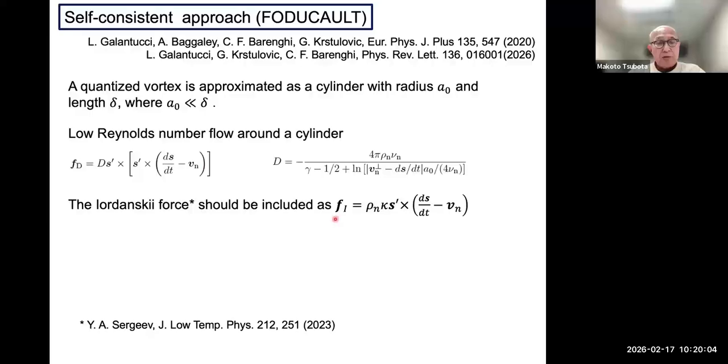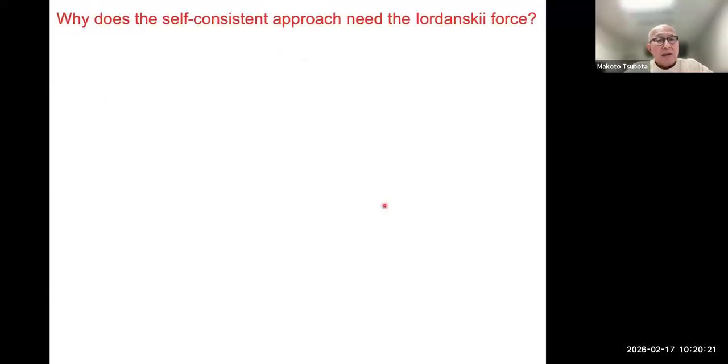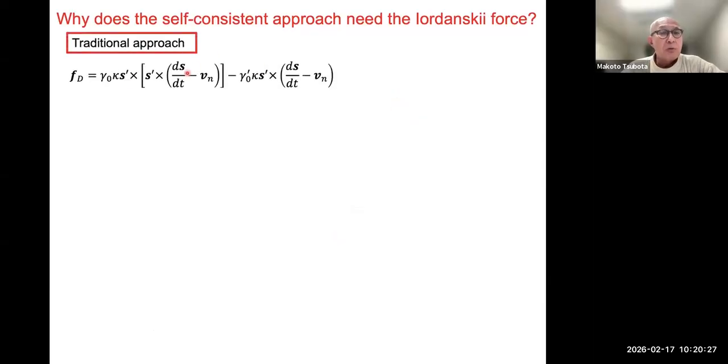Probably you know that there are extensive discussions and arguments about the Iordanskii force in our field. This is very complicated, but you can refer to the very nice review articles by Yuri Sergeev about these topics. And why does the self-consistent approach need an Iordanskii force? In the traditional approach, the drag force is something like this.